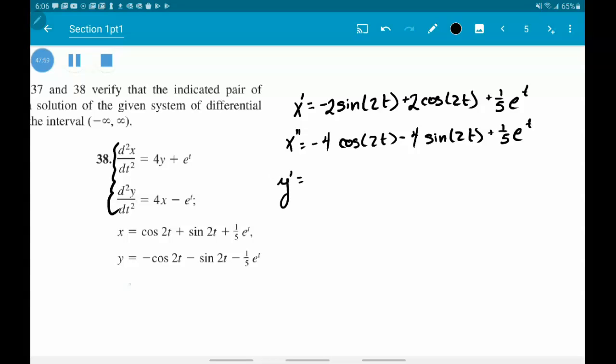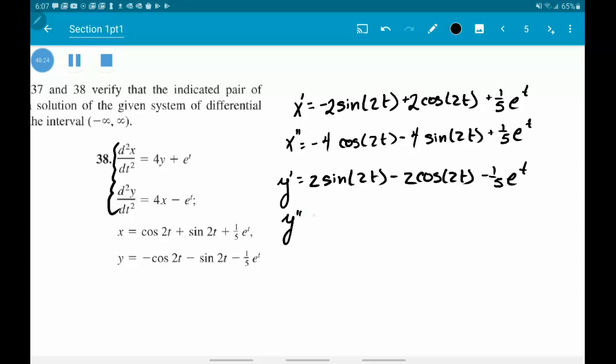Then we need to take the derivative of y. Derivative of the cosine is a negative sine, so that's going to become a positive. Derivative of the angle is 2. Derivative of the sine is cosine. Derivative of the angle is 2.